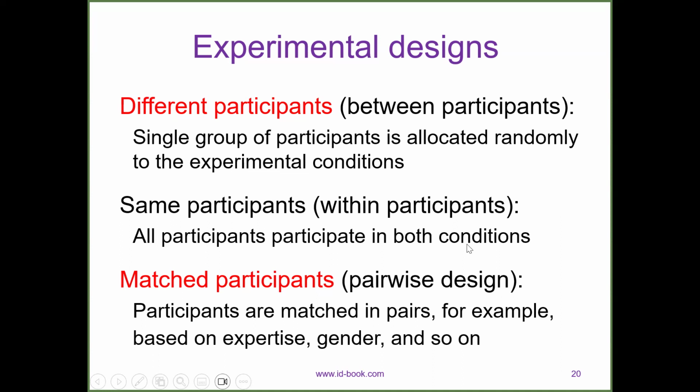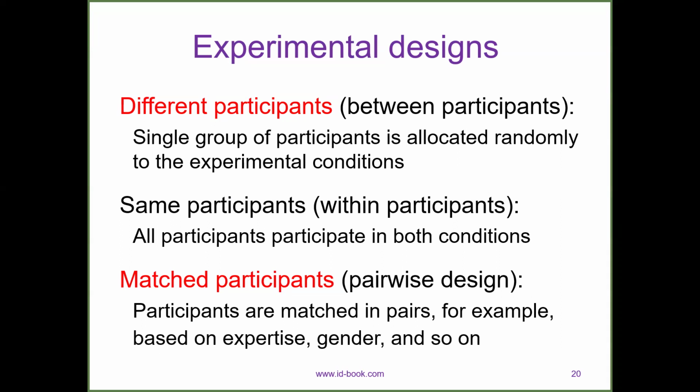Like in our previous example, with different participants, participants are divided into two groups, and each group does one job. They are responsible for carrying out one experimental condition. For example, I can divide your class into two groups.